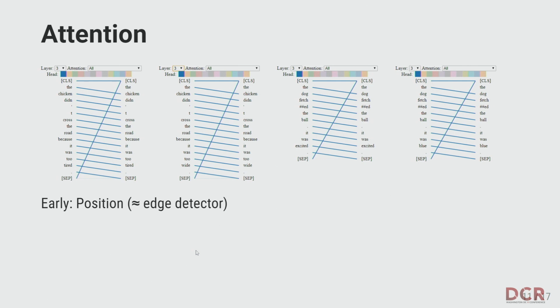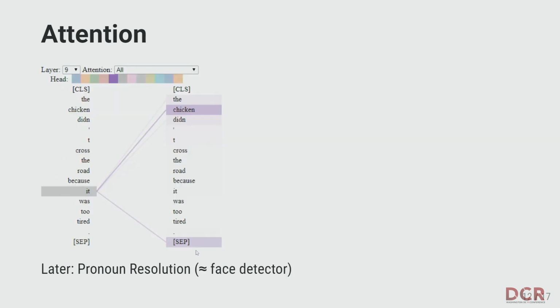Most of the point of this is just to see that a head has a function. A head is doing something. If we look at layer 9, head 5, it's a pronoun resolution head. This is kind of equivalent to that face detector. No one told this thing to learn to find pronouns.